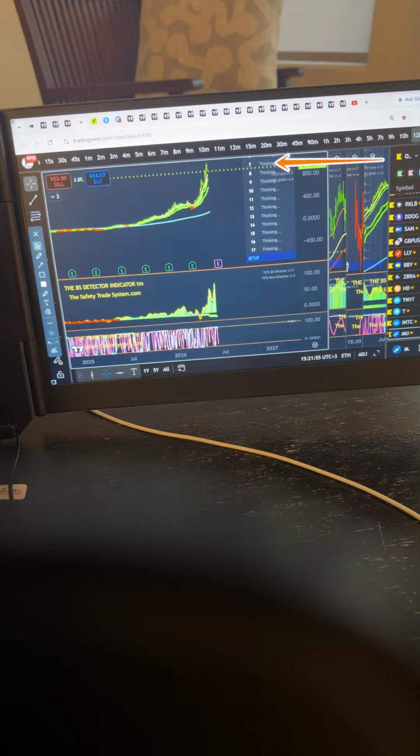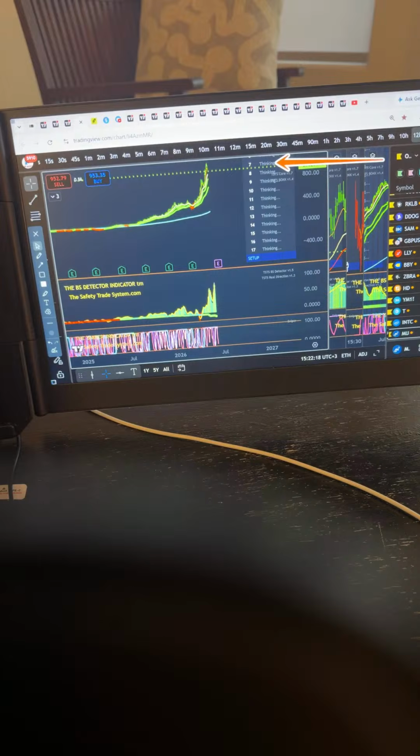Wait a second, that's not the one I want to update. Okay, oh, it is? Yeah, this one right here. I'm not sure why it's named this on yours, because the name of that is the 17th step.